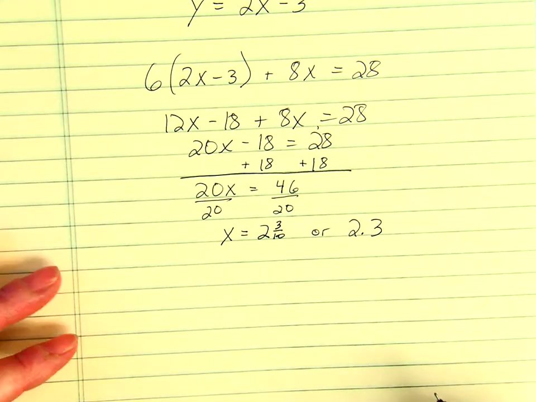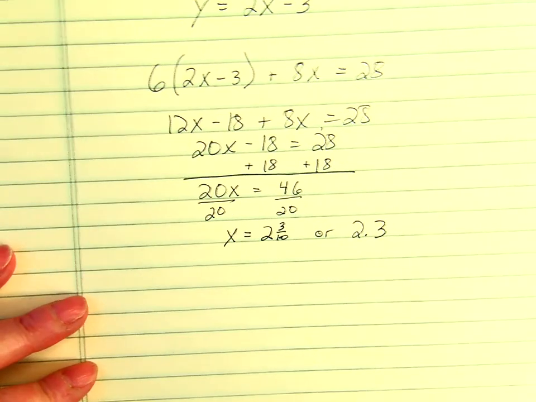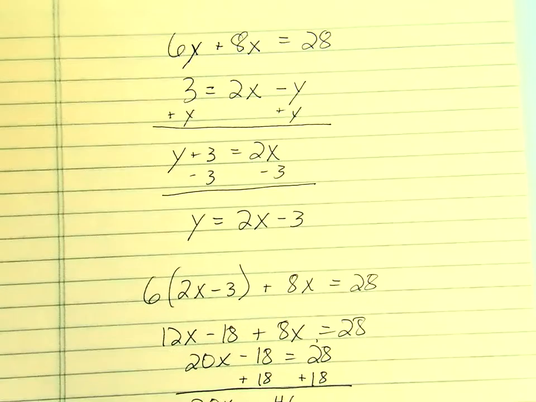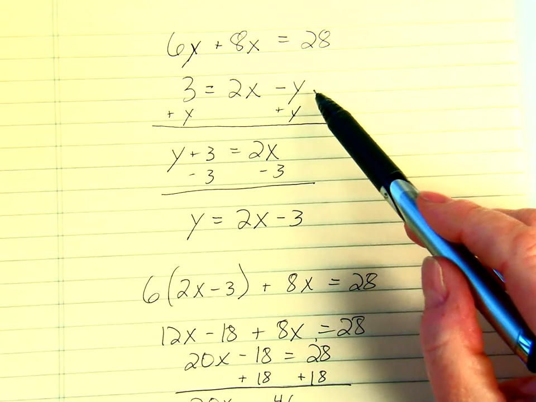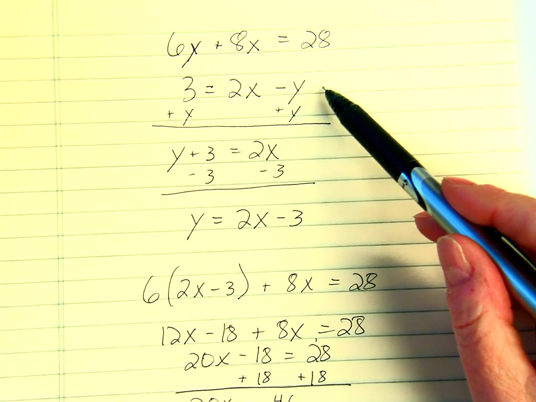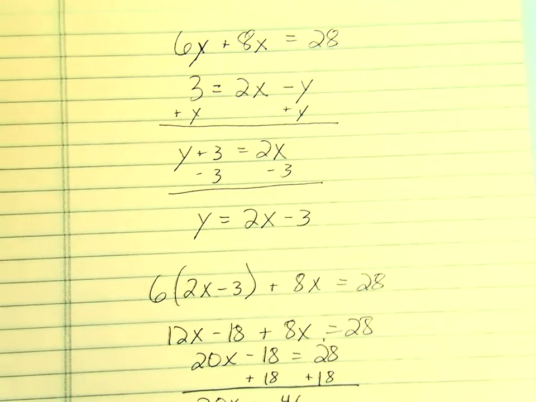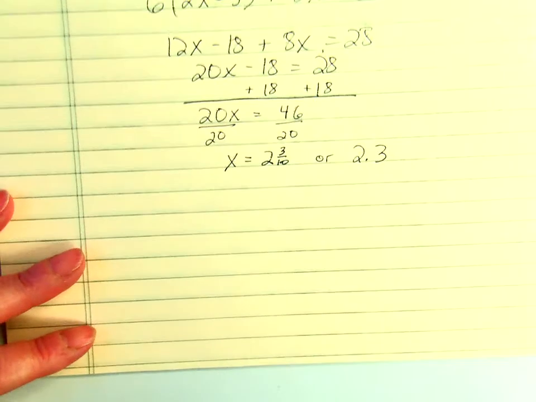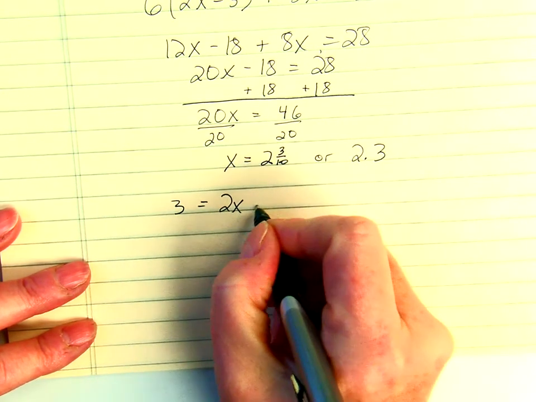Now I go back and I solve for y. Remember, we started with two equations. This one I manipulated, but if I go back to the original, I can actually use that original equation, which I'm going to do. So I'm going to rewrite it: 3 equals 2x minus y.